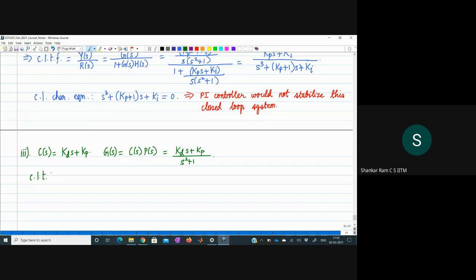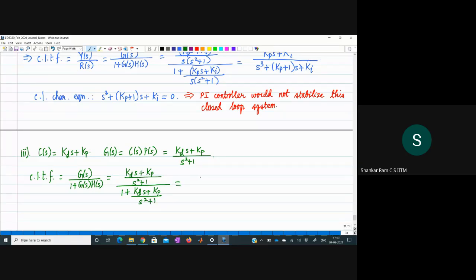Then the closed loop transfer function is going to be equal to G of s divided by 1 plus G of s H of s. So this is going to be KDS plus KP divided by s squared, the whole thing divided by 1 plus KDS plus KP divided by s squared.